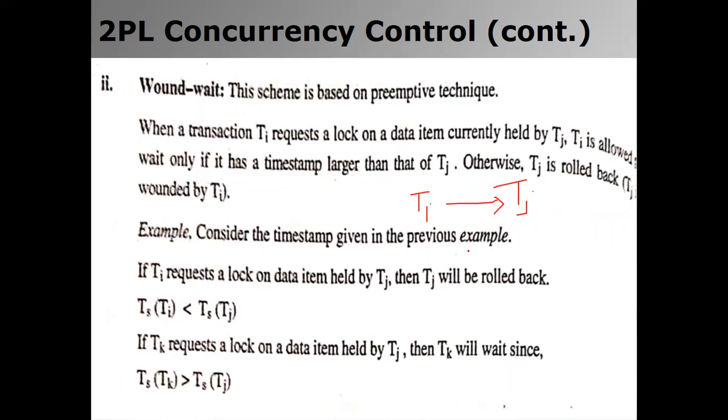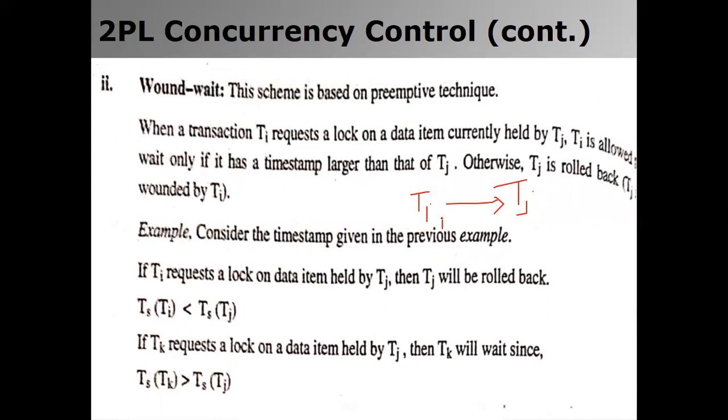TI is allowed to wait only if it has a timestamp value larger than TJ. What does it mean? If the timestamp value of TI is larger than TJ, that means TI is the younger transaction, and if it is the younger transaction, then we allow that younger transaction to wait.